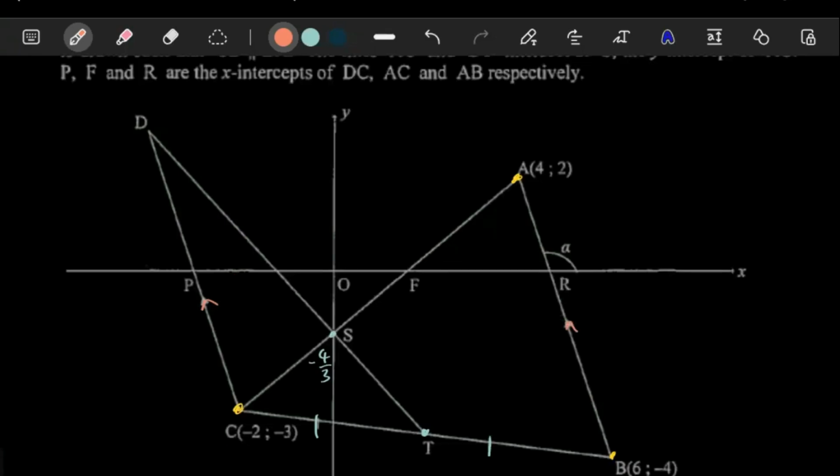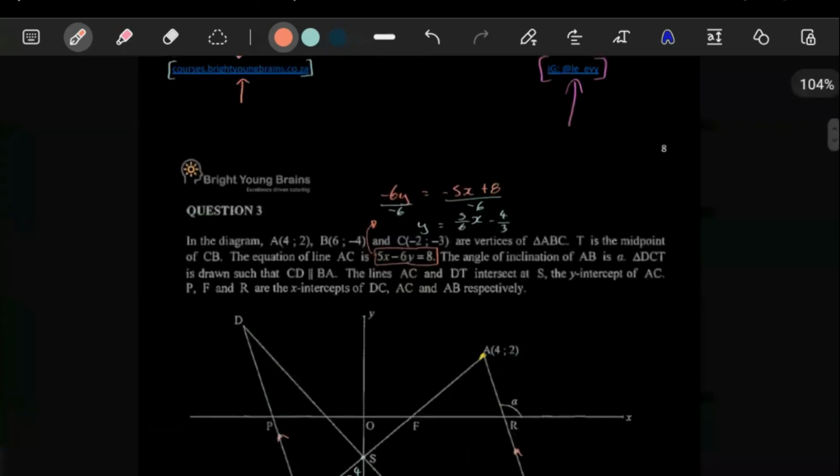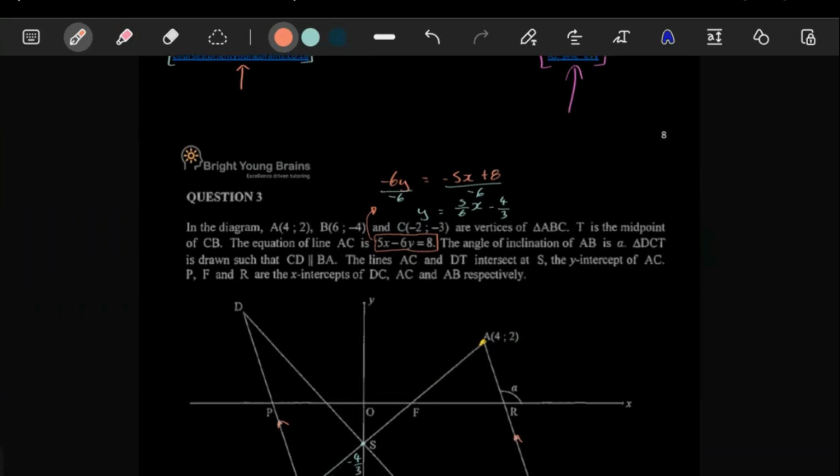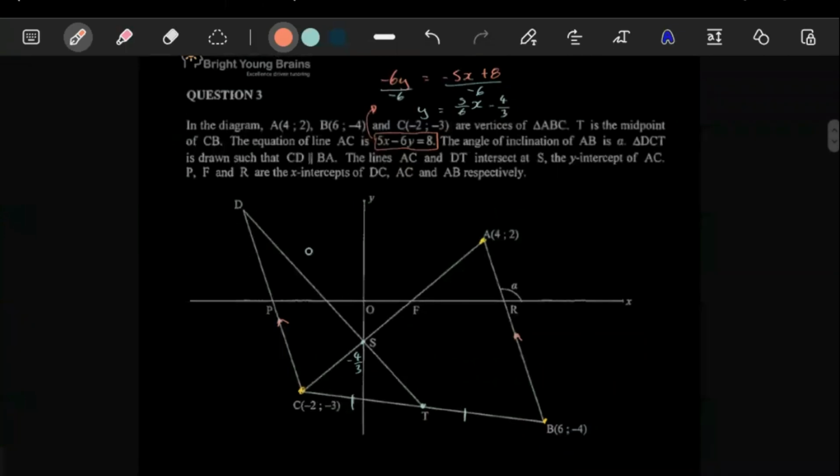With all this being said, let's see what else they're telling us. They said that the lines AC and DT intersect at S. So there's AC over here, DT over there, and they meet each other at the point S. That's just them describing the sketch, nothing major. And then they say S is the y-intercept of AC.